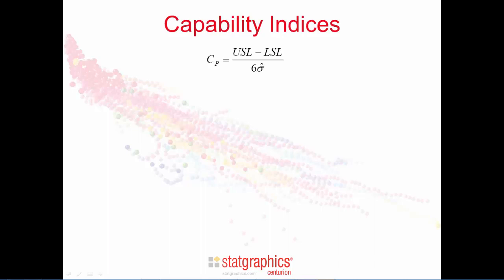In order for our plus and minus 3 sigma limits to lie totally within the spec, CP must be at least 1. Most of the time, though, we'll want CP to be considerably greater than 1. You'll hear rules like it should be greater or equal to 1.33, or greater or equal to 1.5, even greater or equal to 2.